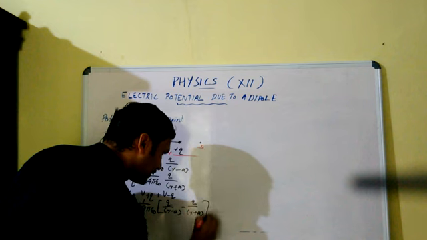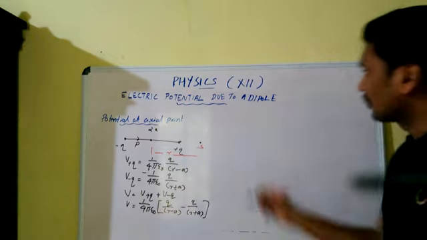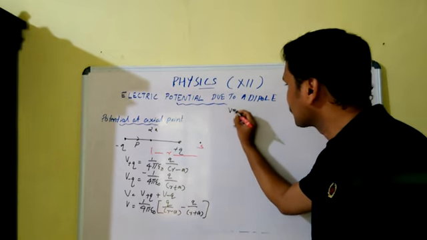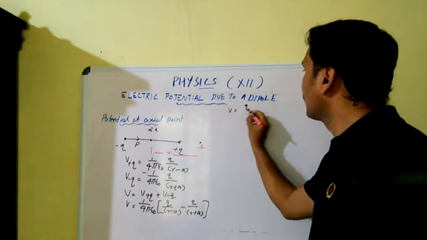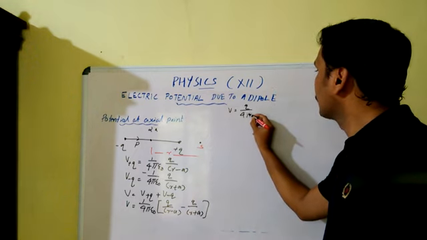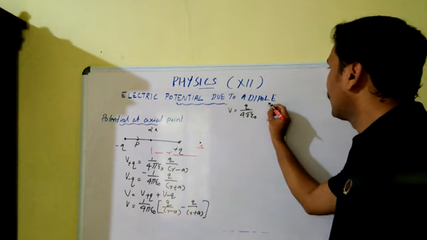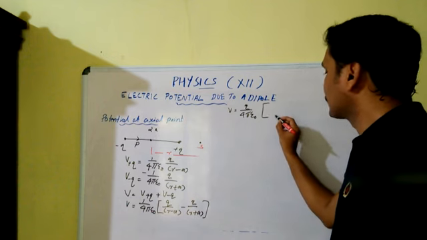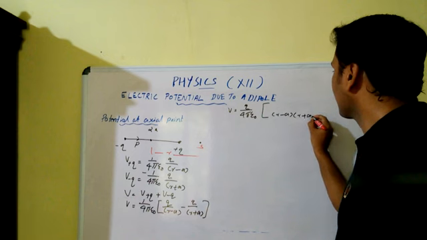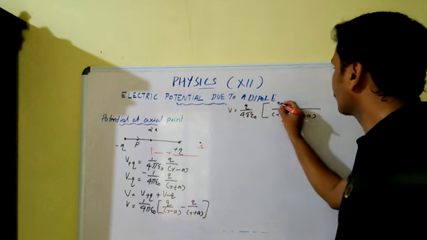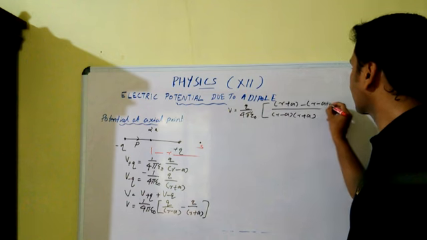Now the total potential is V equal to, take Q also outside, Q by 4 pi epsilon 0, and inside the bracket take the LCM, r minus a into r plus a, and here it is r plus a minus r minus a.